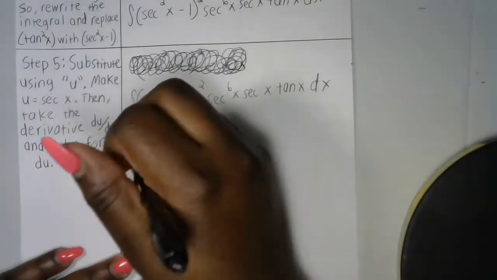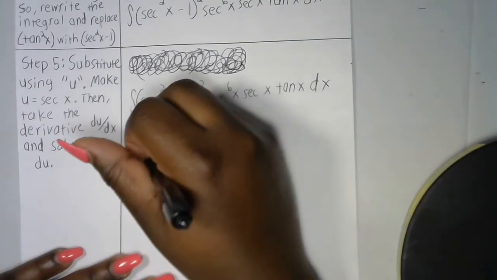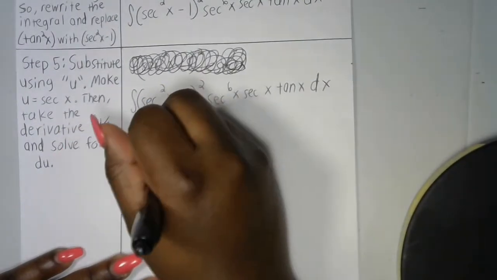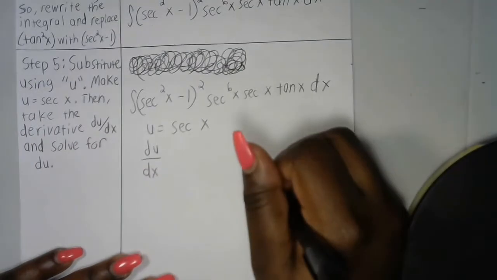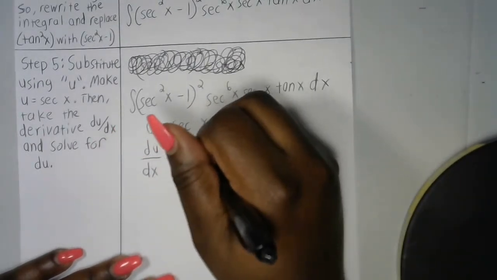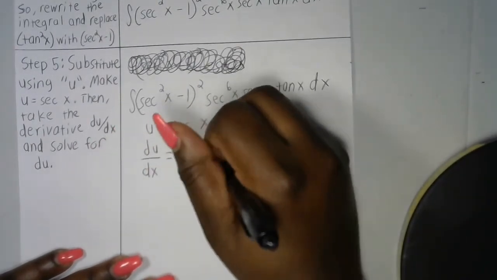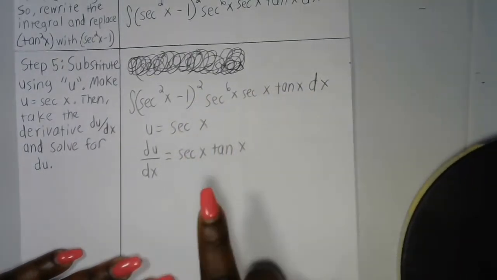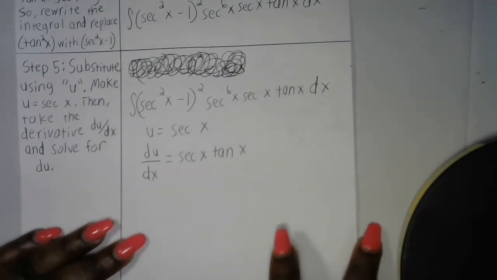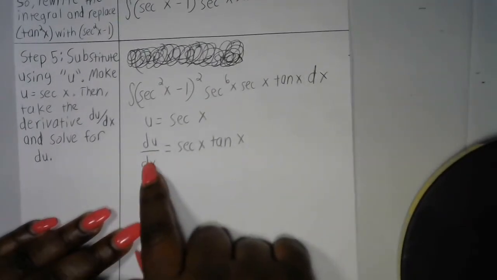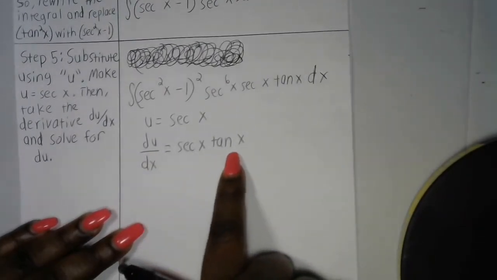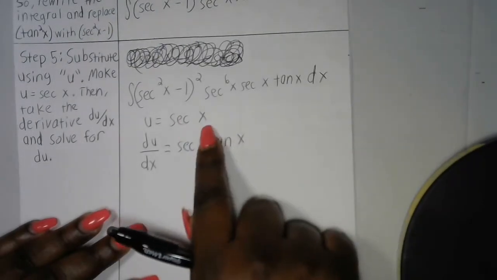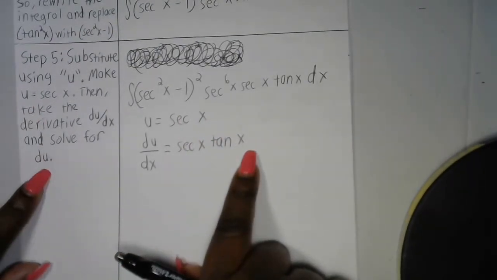So let's take the derivative. du over dx is going to be equal to secant x tan x, if you remember your trigonometric derivatives, which I'm hoping you do. So now we have to solve for du.